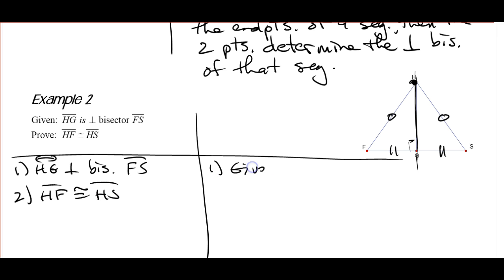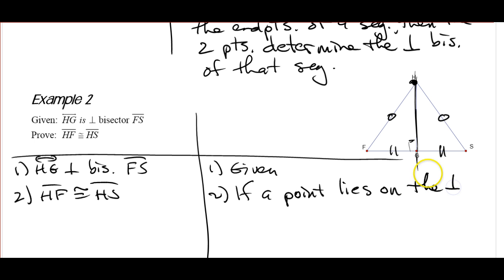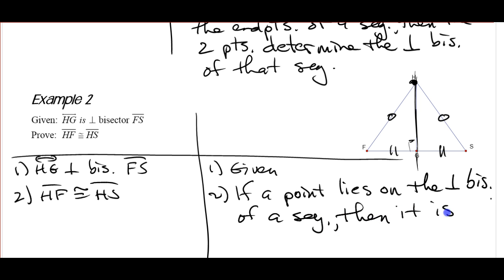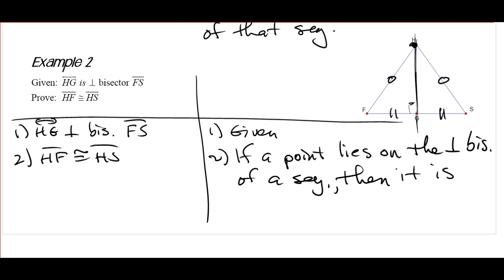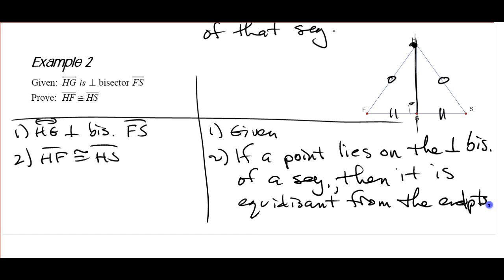This was given. And this is our other theorem. If a point lies on the perpendicular bisector of a segment, then it is equidistant from the endpoints of the segment.